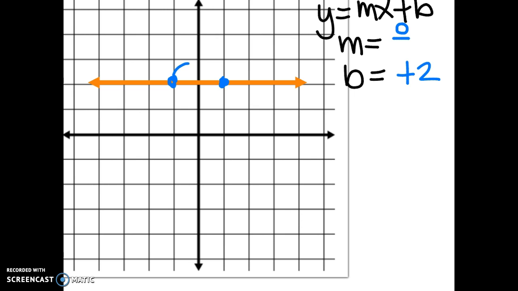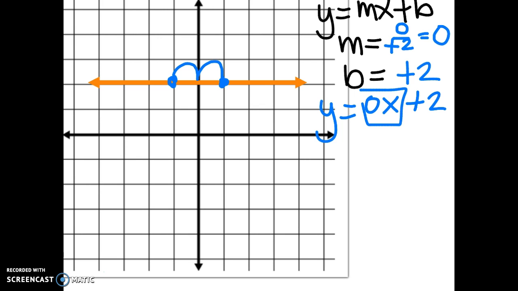Now moving to x, I move to the right 2. 0 divided by 2 is 0. Hey! Zero times x happens to be 0. So this equation is y equals 2.